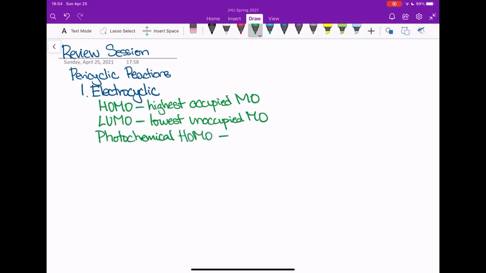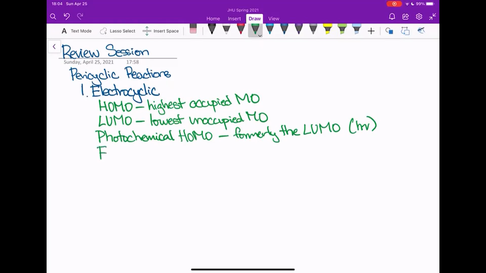This is just what your old LUMO would have been, under light conditions. If you apply light, it'll excite one of your electrons into a higher orbital state, and that's why your old LUMO becomes the photochemical HOMO.